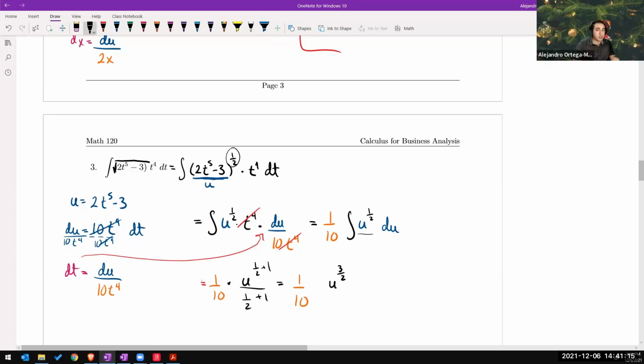And again, with a trick that I showed you guys last time, if we are dividing by a fraction, then we put a 3 over 2, but the 2 just comes to the top here. So it's 2 times u to the 3/2 over 3. Plus c.